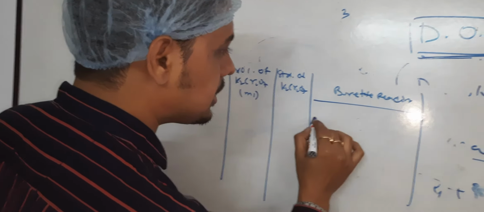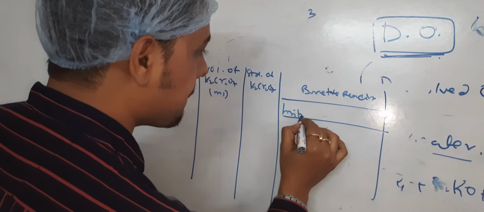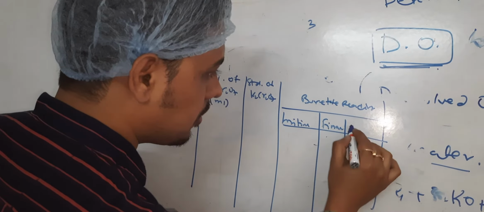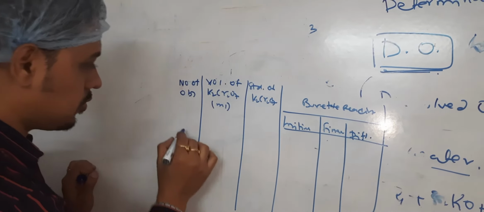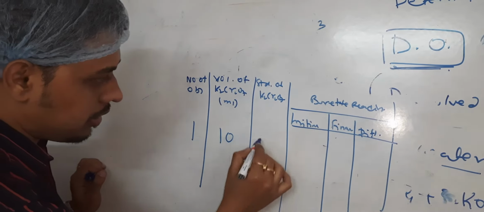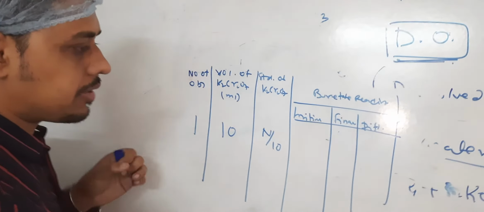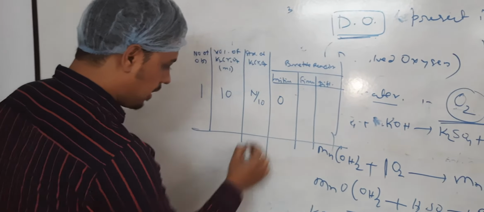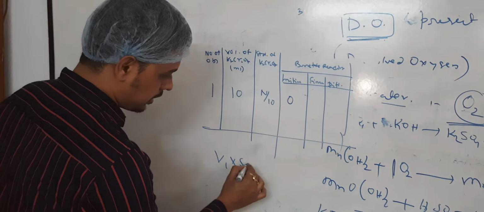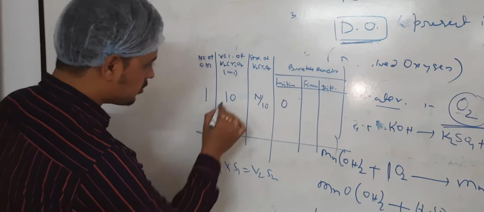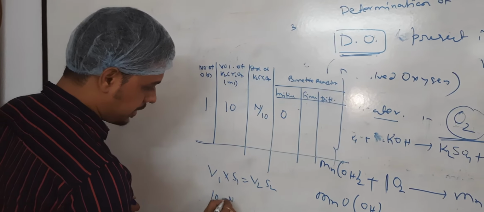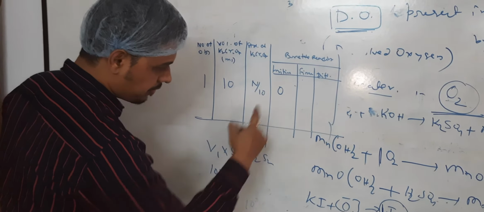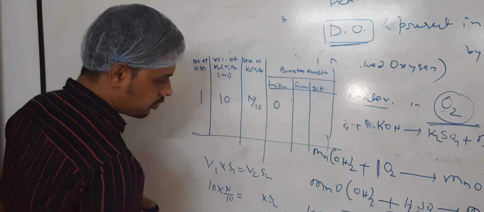We will take only a single reading. We have taken 10 ml, N/10, and after titration we will put the value. We have started with 0. After this we will apply V1S1 = V2S2, where V1 is 10 and S1 is N/10. V2 we will write after the process and we will calculate S2.